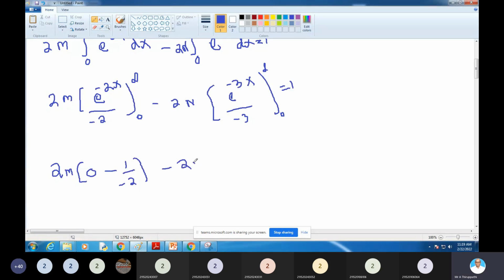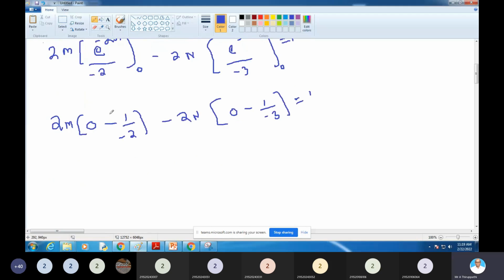Minus 2n, same thing, e to the power minus infinity is 0, minus 1 by minus 3, is equal to 1. Minus minus cancels.